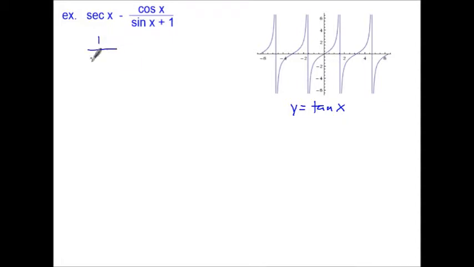So the secant becomes 1 over cosine, and then I've got minus, and again, if you want to think of it as plus a negative cosine x, that's probably not a horrible idea, but it's a personal preference sort of thing. So plus sine. Okay, again, common denominator shows up and gives me a cosine on the right hand side, and then I'll try to squeeze in a sine x plus 1 on the left.